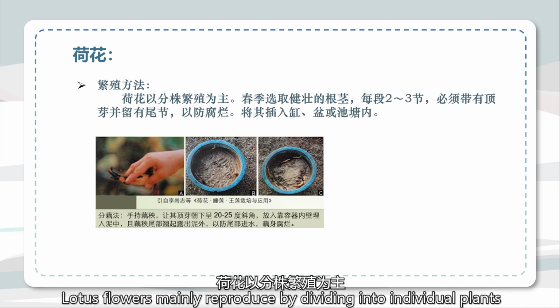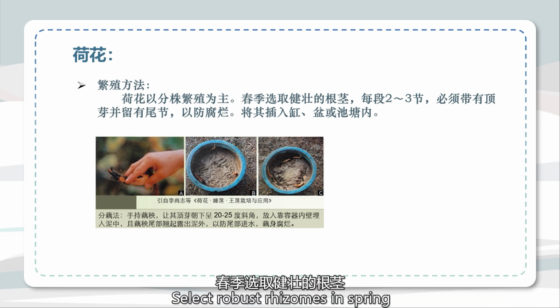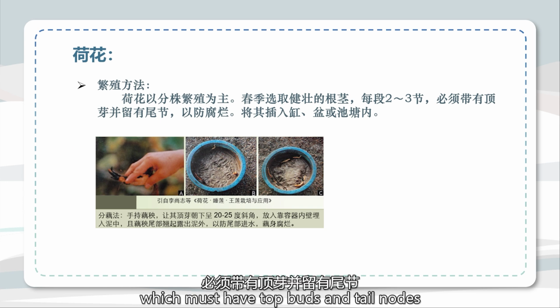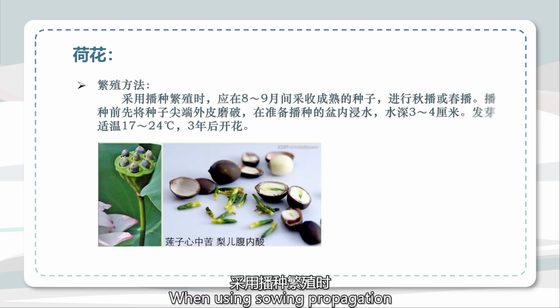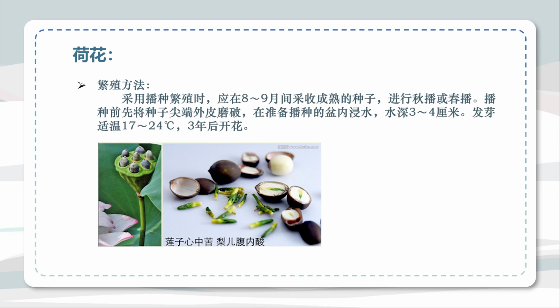Lotus flowers mainly reproduce by dividing into individual plants. Select robust rhizomes in spring with 2 to 3 nodes per section, which must have top buds and tail nodes to prevent decay. Insert it into a tank, basin, or pond. When using sowing propagation, mature seeds should be harvested in August and September for autumn or spring sowing.